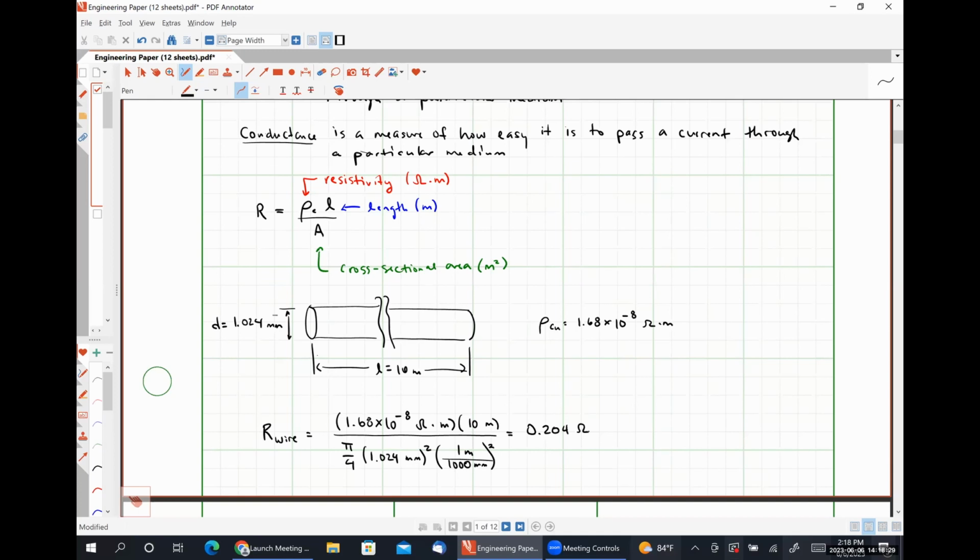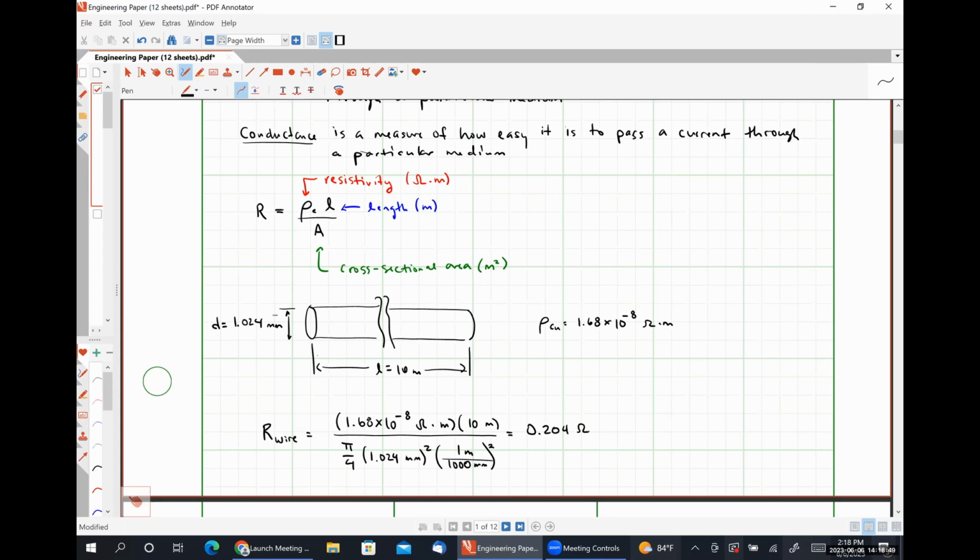So let me ask you guys a couple of questions here. The first of which is, how long is 10 meters of wire compared to the length of the wires that you guys usually use to set up a simple circuit? It's much longer. Much, much longer.